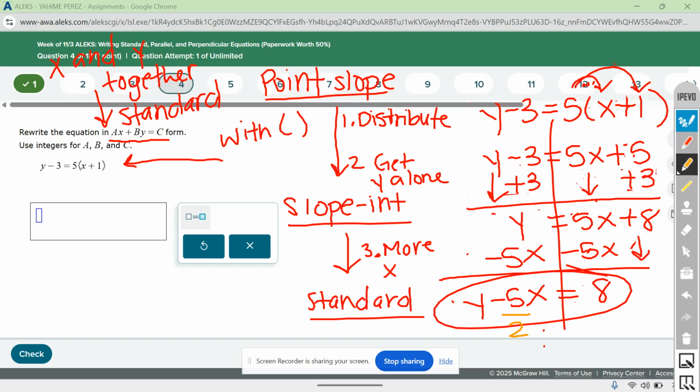To get rid of the denominator, we're going to take whatever is in the denominator and multiply all the terms by that number, and that would effectively give us all integers, right? No denominator, no fractions. Okay, that's just an example in case you did have a fraction. Great, moving on.